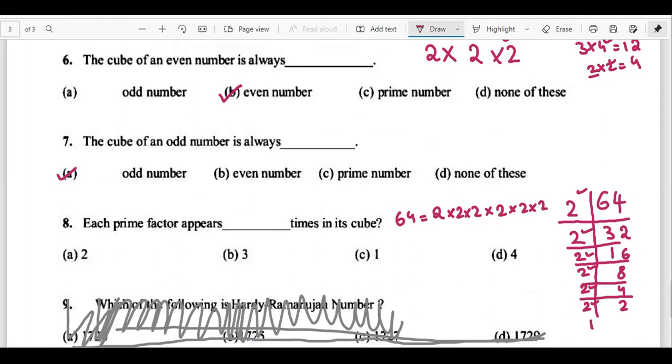And we can write it as 2 cube into 2 cube, right? Yes. So it means that whatever number you take, if it is a perfect cube, this is the condition: in the prime factorization, every factor would have a cube on it. So this is the answer.